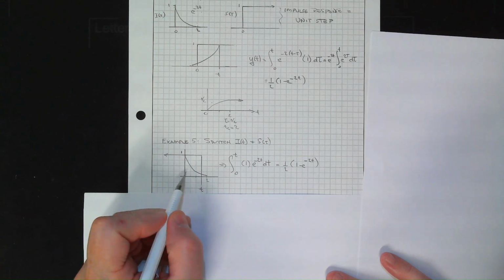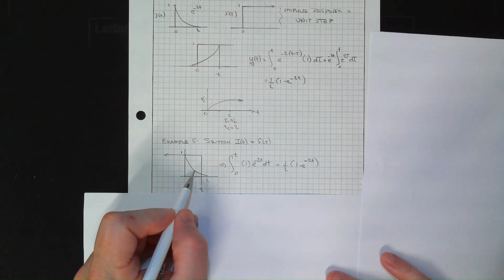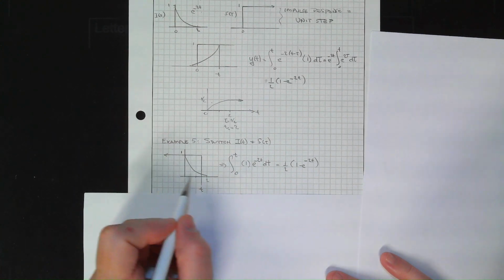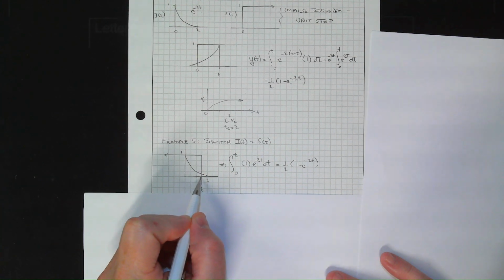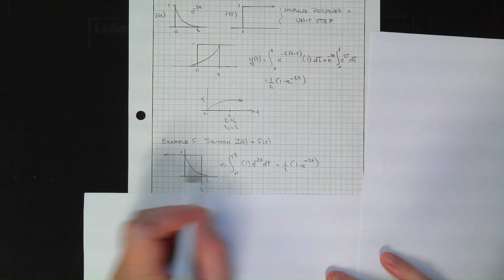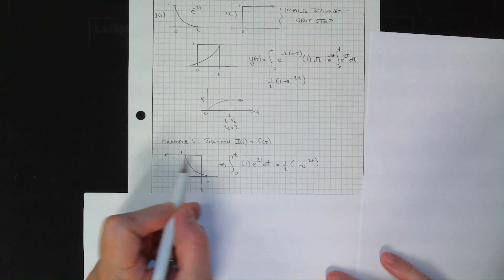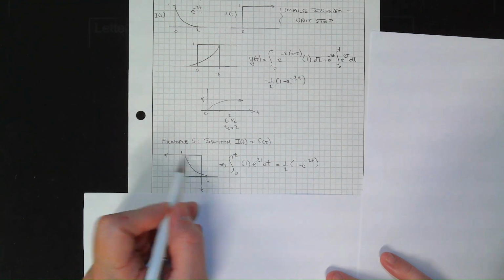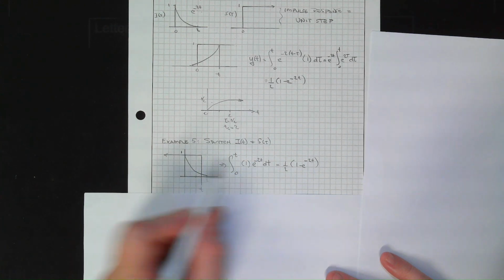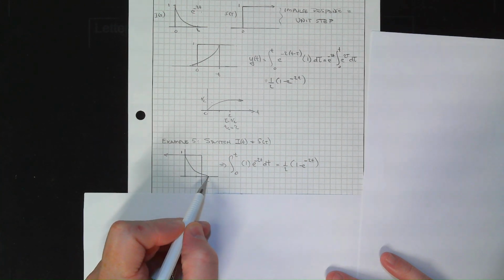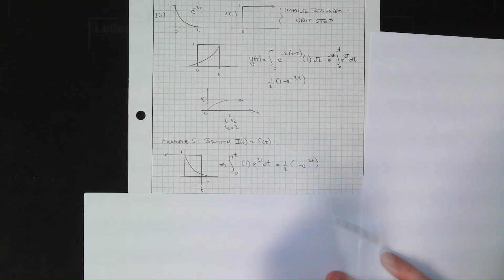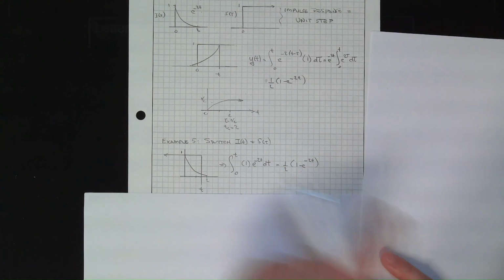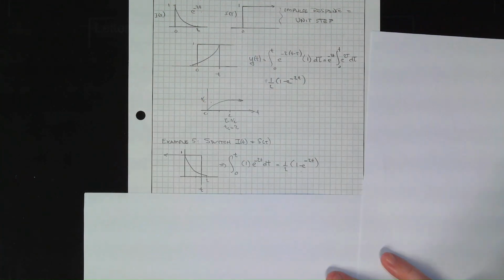So I multiply this by this and integrate. I'm going from 0 to t, doesn't matter what t is, this thing just keeps on going. 1, that's the step input, e to the minus 2t, that's the impulse response. Get the same answer, and you'll notice this and that match.